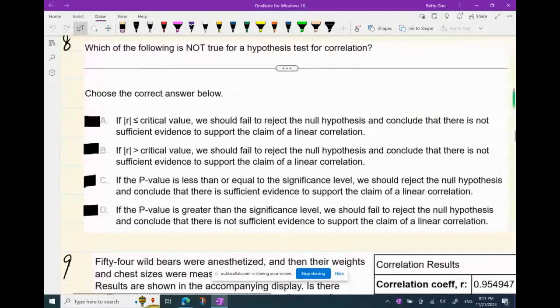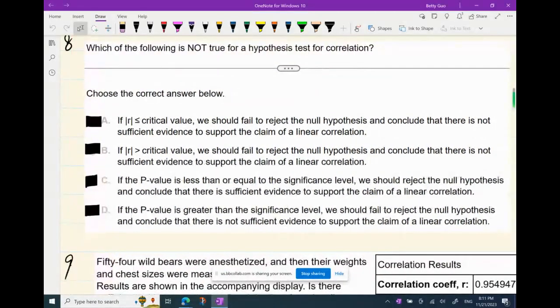A: if the absolute value of r is less than or equal to the critical value, we should fail to reject null and conclude there's not sufficient evidence to support linear correlation. The first part of the sentence is correct, but the second part is not correct.